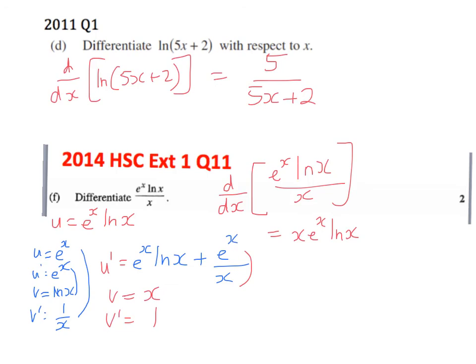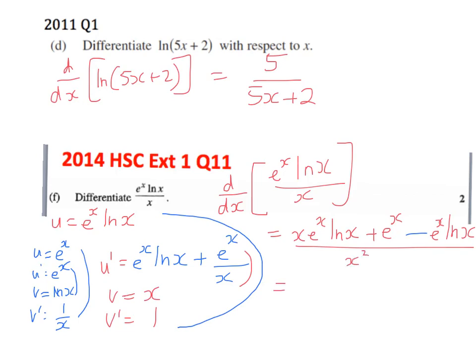And then the quotient rule is minus the outsides, minus all of that, which is e to the x log x, all over the denominator squared. Can we cancel anything? x e to the x log x plus e to the x.